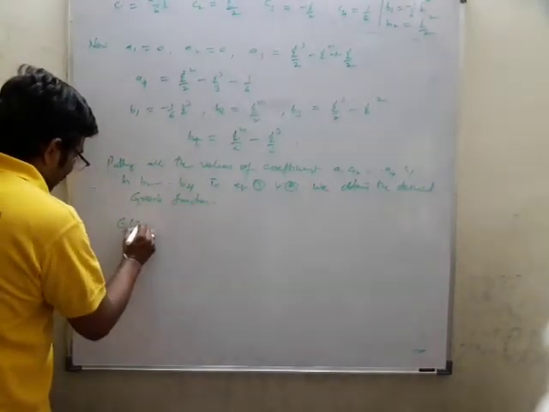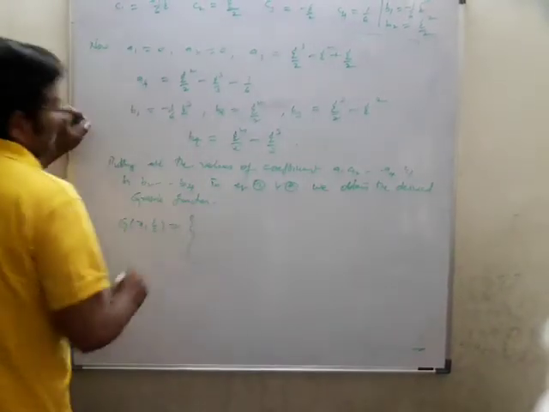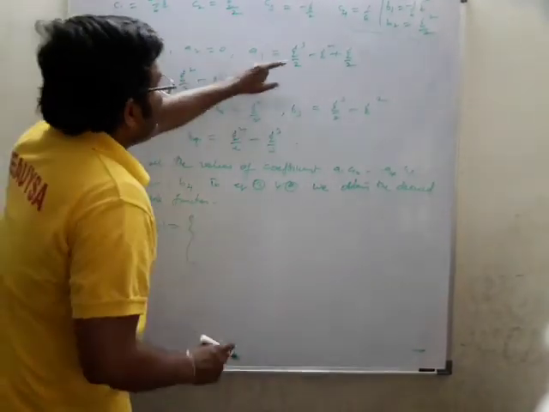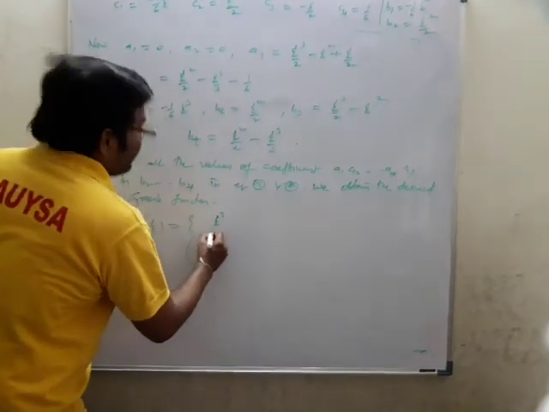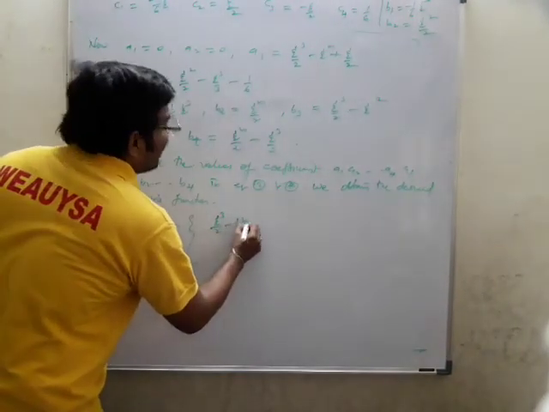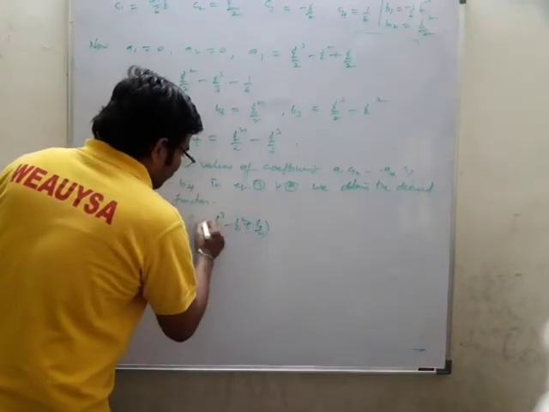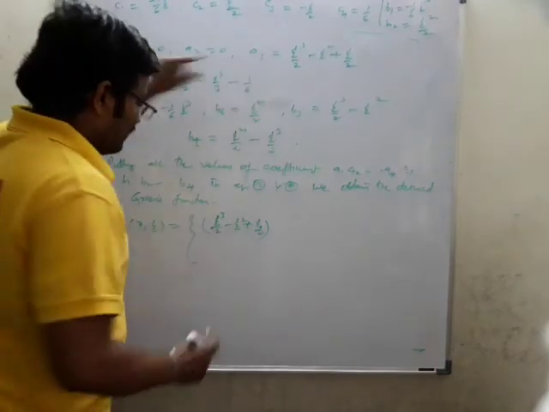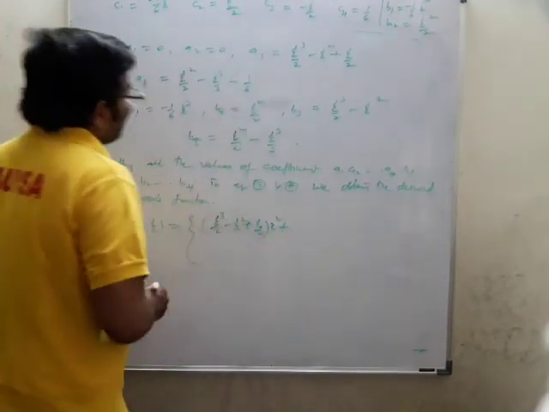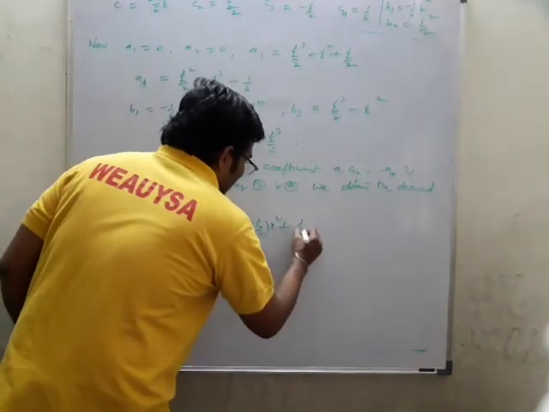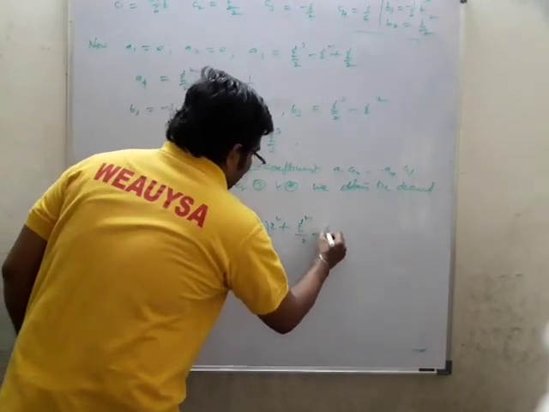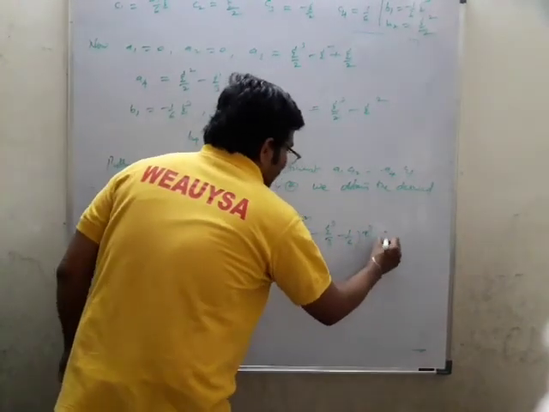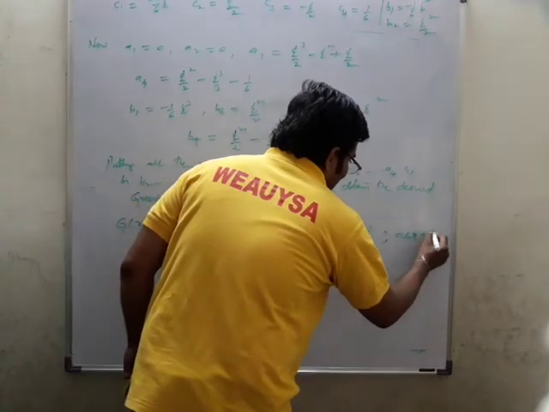So that is G of x comma xi equal to, since A1 and A2 are 0, you will be getting A3, which is xi cube by 2 minus xi square plus xi by 2, into x, plus A3 x square, so you will get x square, plus A4, which is xi square by 2 minus xi cube by 3 minus 1 by 6, x cube, for x greater than 0 and less than or equal to xi.